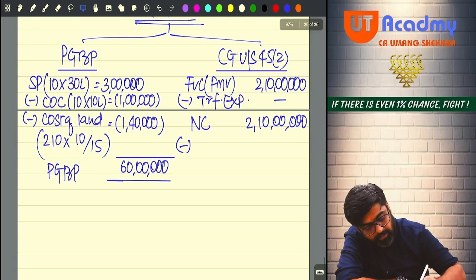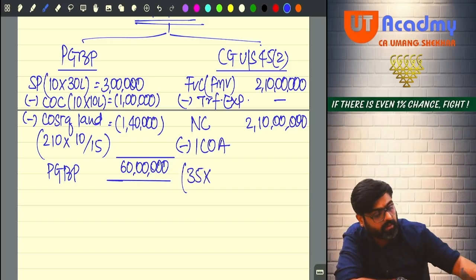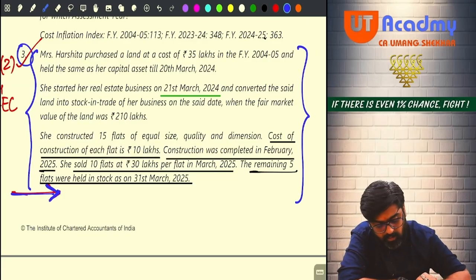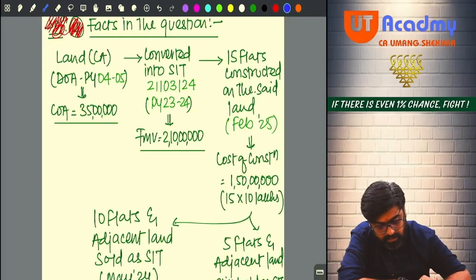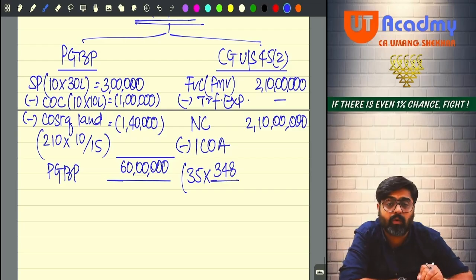What will I be doing? I will be taking index cost of acquisition. In that I will take 35 lakhs into CII of which year? Transfer year. What was my transfer year? Come on, 24-25. Conversion year, yes or no? Sorry, 23-24. So for 23-24 it is 348, divided by the CII of the acquisition year, when I acquired the land, 4-5.